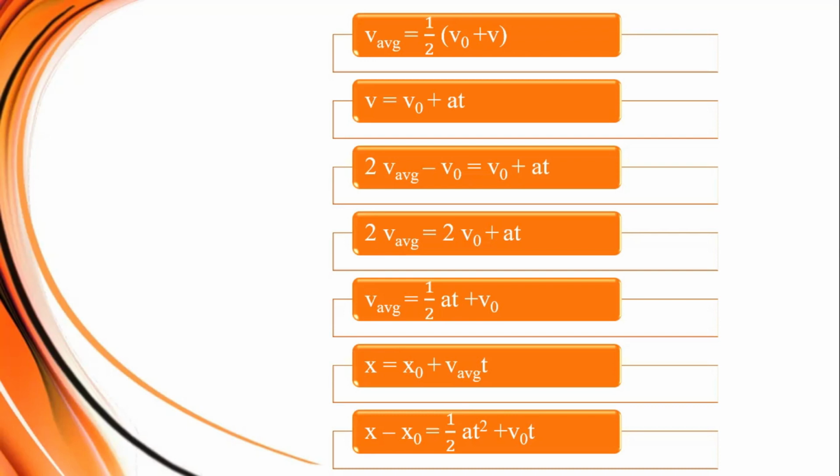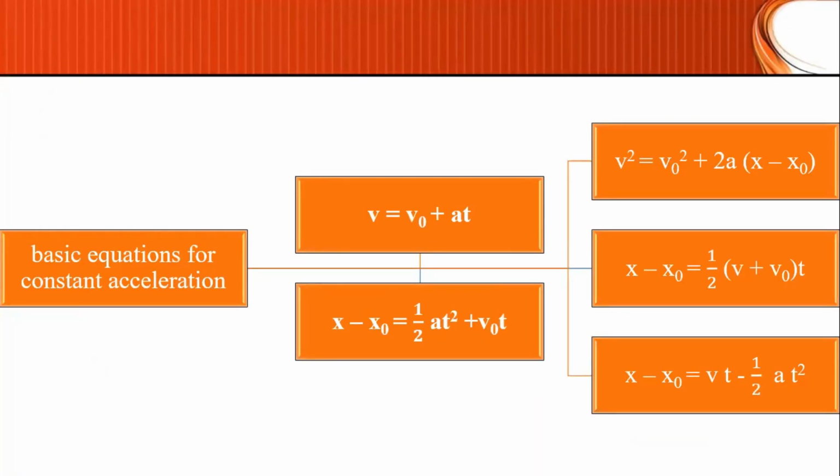Finally, substituting the above equation into x equals x0 plus v average t yields x minus x0 equals 1/2 at squared plus v0 t. The equations v equals v0 plus at and x minus x0 equals 1/2 at squared plus v0 t are the basic equations for constant acceleration.